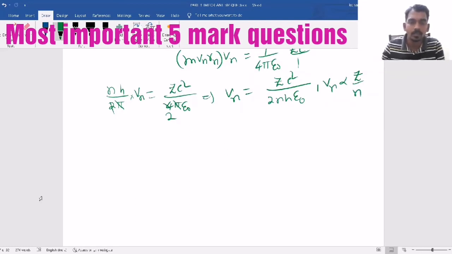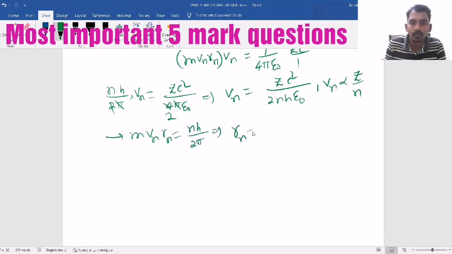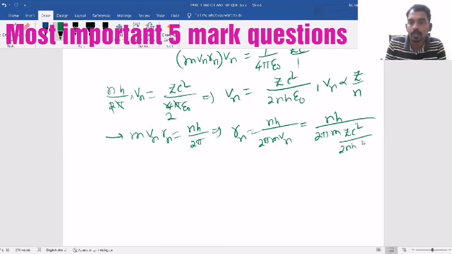But we want radius. So if you want radius, you consider the same equation again. m Vn Rn equals nh by 2 pi implies Rn equals nh by 2 pi m Vn. Now the Vn value you substitute, Ze square by 2 nh epsilon naught. 2 gets cancelled.